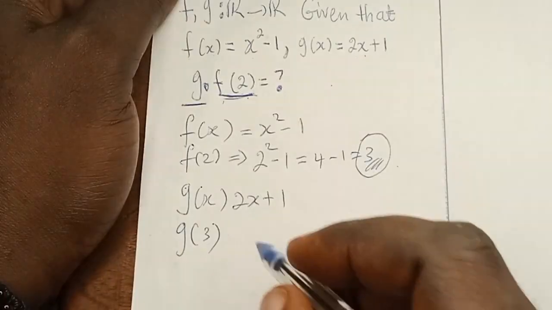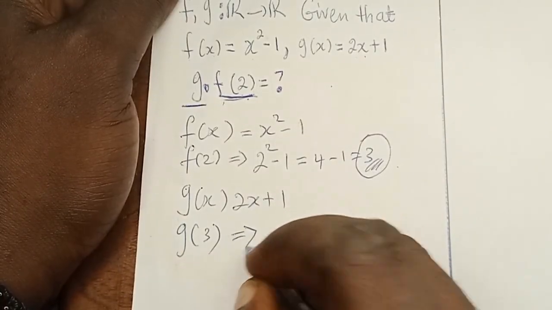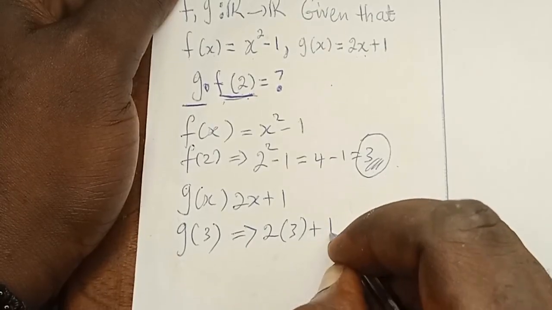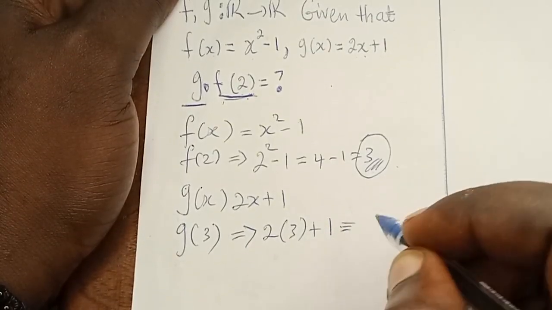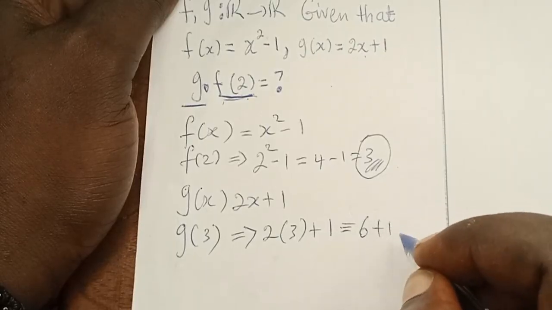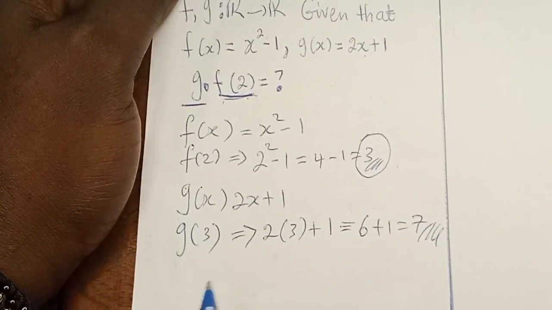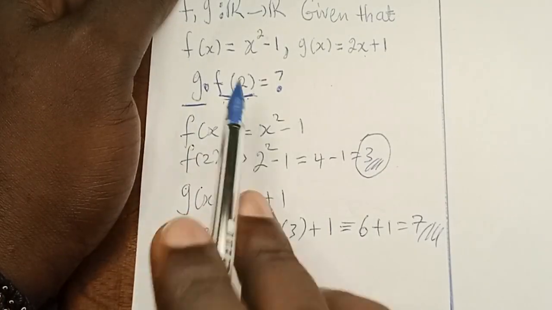Let's input it here. This will therefore be equal to 2 into 3 plus 1, which is the same as 2 into 3 is 6, plus 1, which is equal to 7. So the answer here of g of f of 2 is equal to 7.